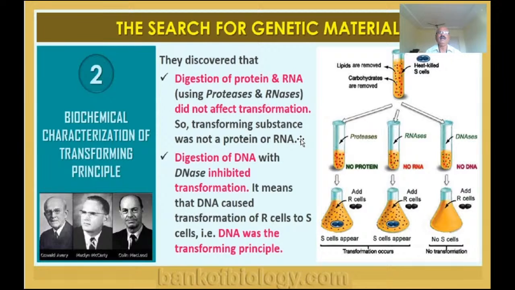Digestion of DNA with DNase inhibited transformation. It means that DNA caused transformation of R cells to S cells, that is, DNA was the transforming principle. If the DNase enzyme digests the DNA, even though proteins and RNAs are there, we can't observe the transforming principle.